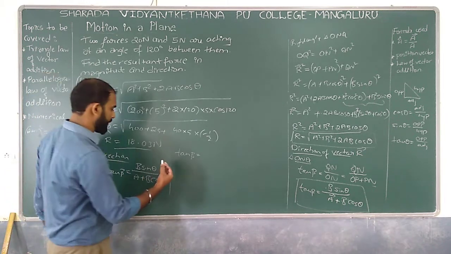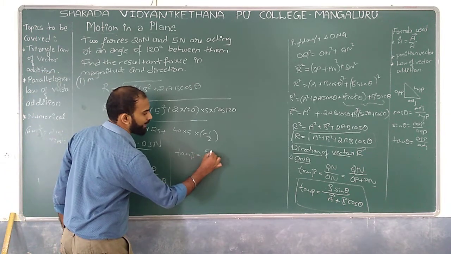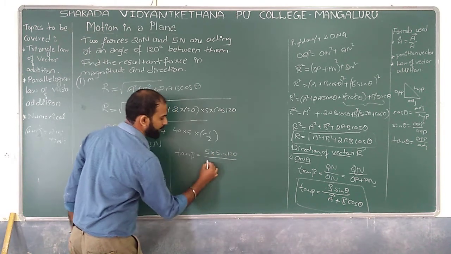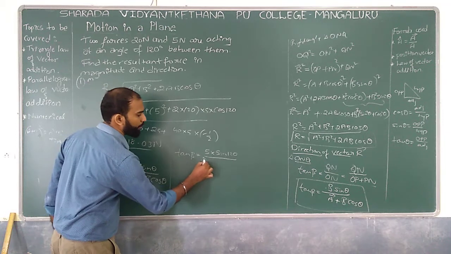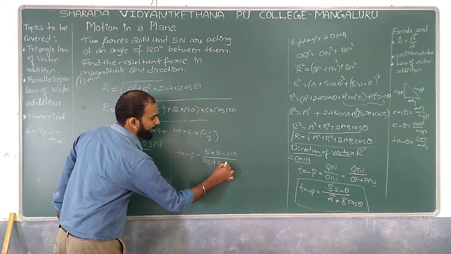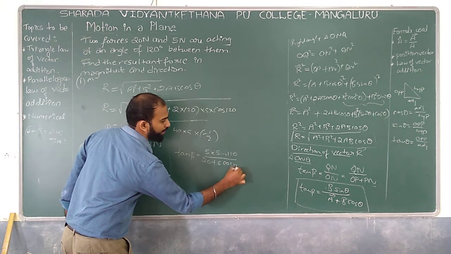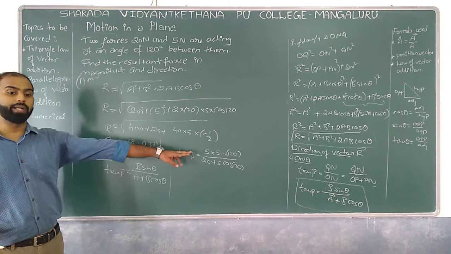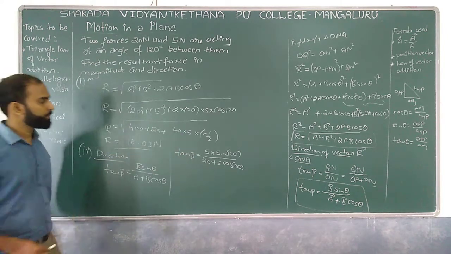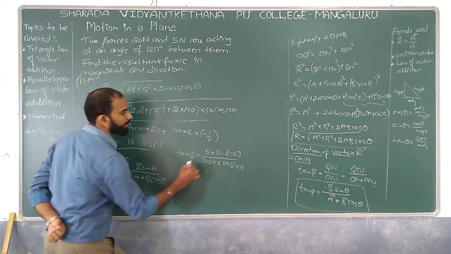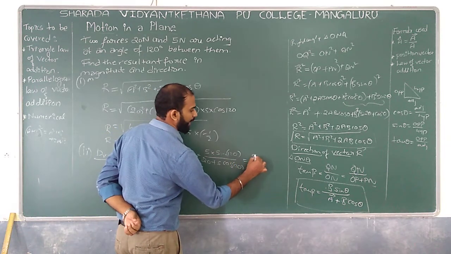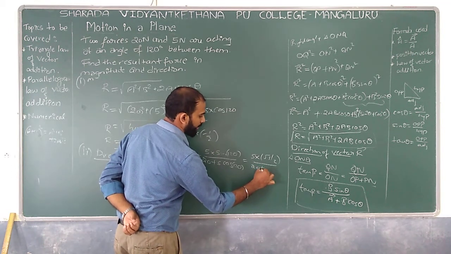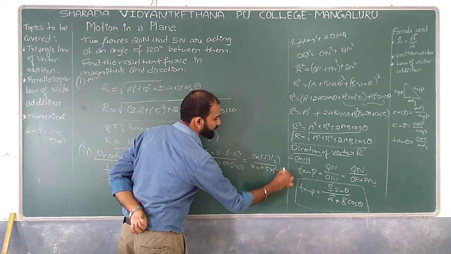Tan beta is equal to 5 into sin 120 divided by 20 plus 5 into cos 120. Sin 120 is root 3 by 2, so here I can have 5 into root 3 by 2 divided by 20 plus 5 into minus half.